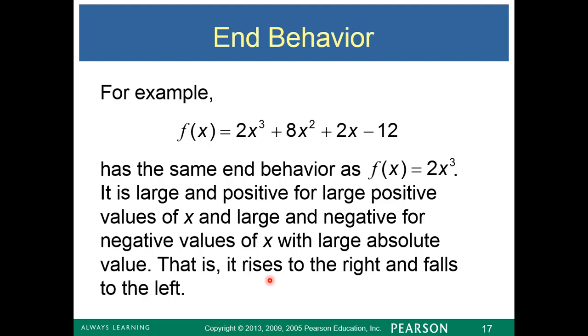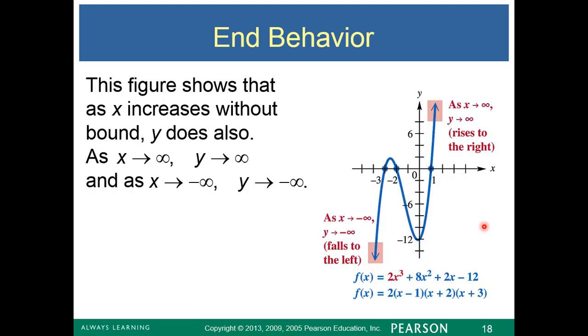So in other words, it rises to the right and falls to the left. To the left it goes down, and on the right it goes up. So it looks like this. What we say is, in this figure, x increases without bound, so y does also.